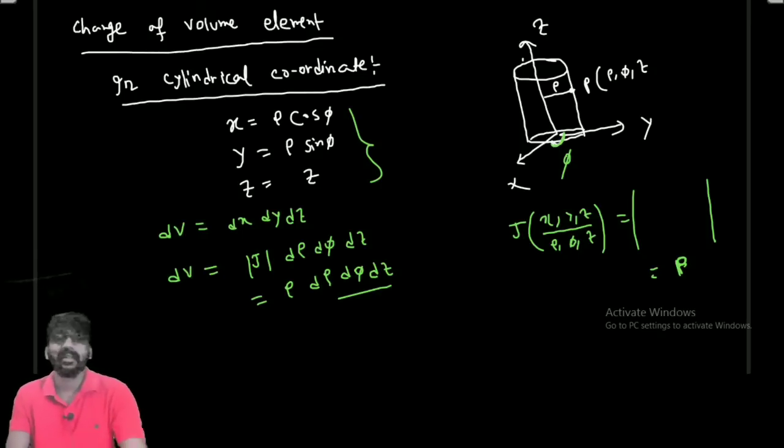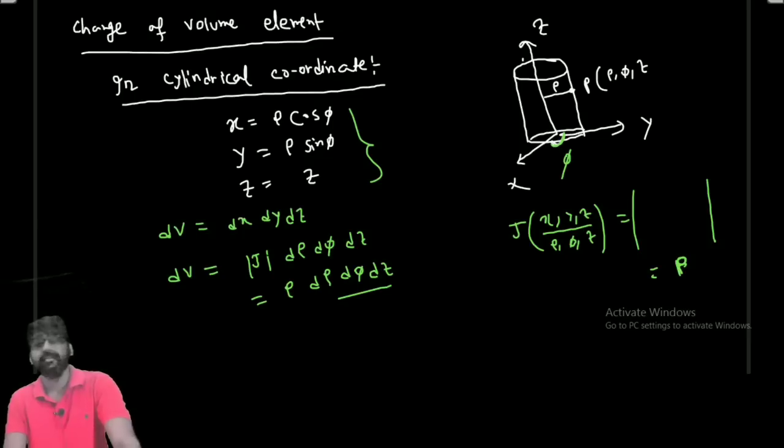Here our goal is to apply the Jacobian, to see how by using the Jacobian you can transform the volume element or area element from one coordinate system to another. Similarly, let me find it for the spherical coordinate system.